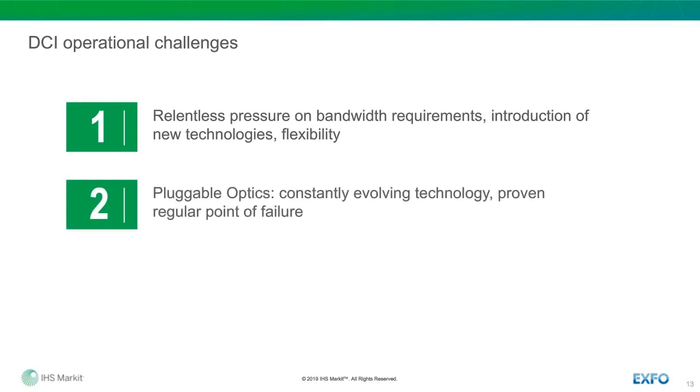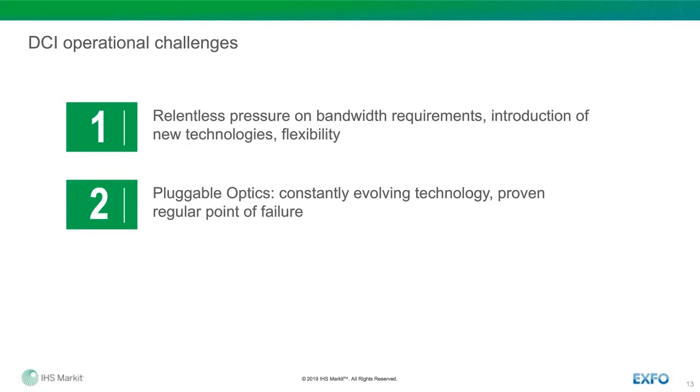The second one, which has been mentioned a bit in the previous slides, is the constantly evolving technology around pluggable optics, really to meet specific demands from the data centers, which are typically different from the telecom service operators. The transceiver manufacturers are continuously innovating, and this has resulted in a very wide offering in pluggable optics and also an offering that is continuously changing, at a much faster pace than in the past, as Mohammed indicated a couple of slides ago.